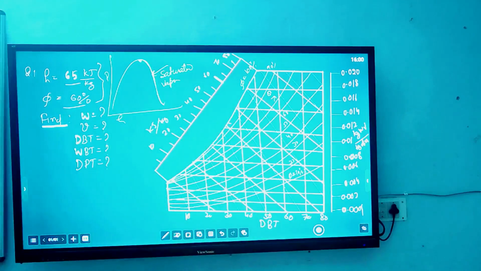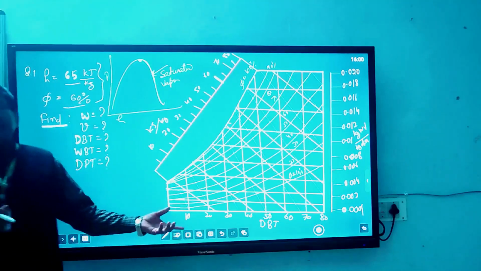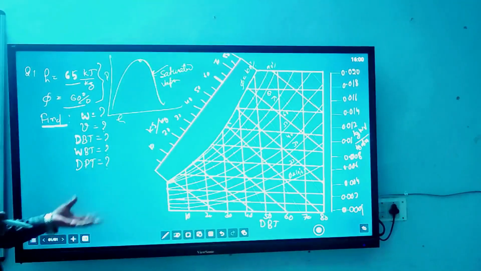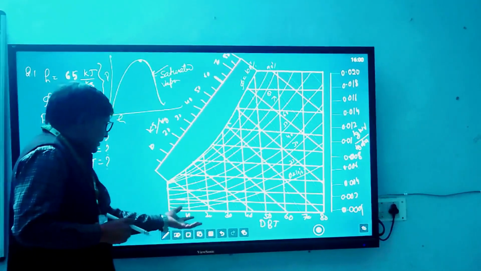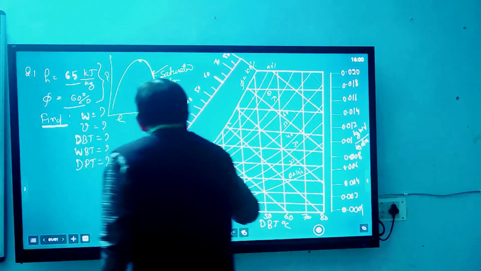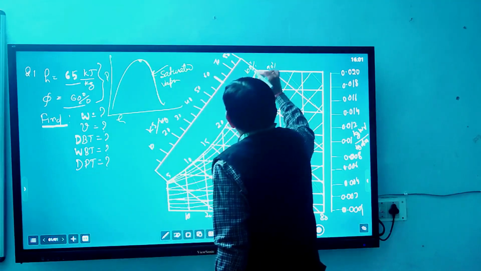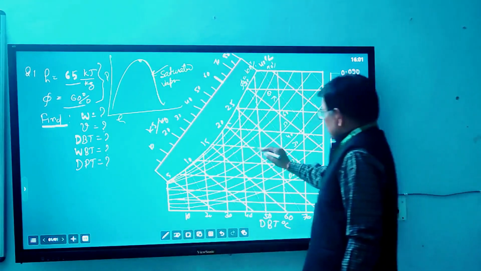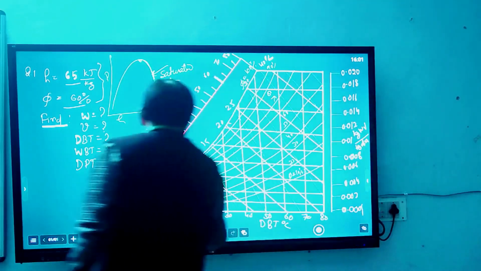You already know actual values are different, but we have taken arbitrary values because actual drawing is very difficult, just to make you understand how to find out values from given values. Here dry bulb temperature we have taken 10 and so on, all values in degree centigrade, and these are wet bulb temperatures 15, 20, 25, 30 and 40. These are also degree centigrade. So these lines are wet bulb temperature lines, and these are specific volume lines.